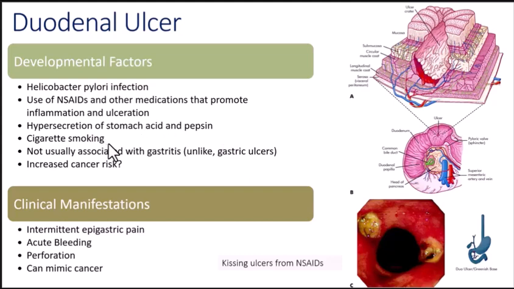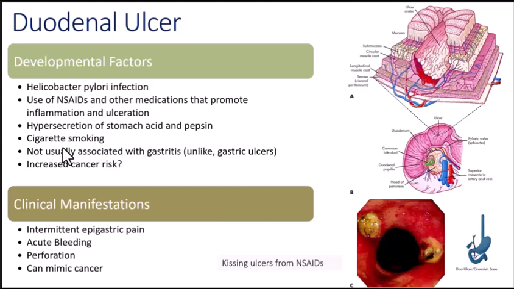Cigarette smoking also increases the risk, and the reason for that is actually similar to the reason that NSAIDs can cause ulcers. It's because cigarette smoking reduces the production of prostaglandins, which we know work to maintain gastric mucus production.